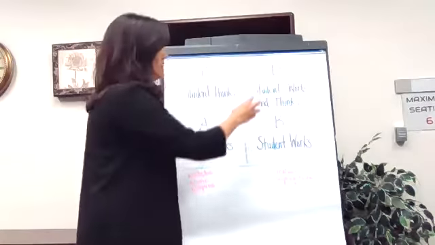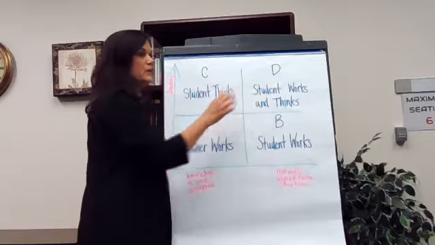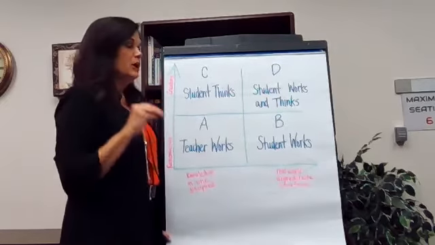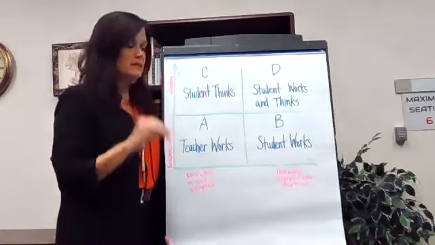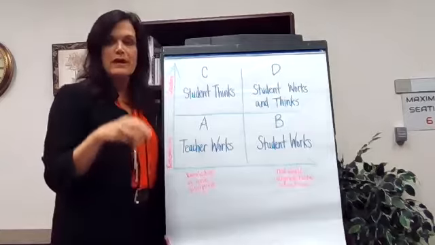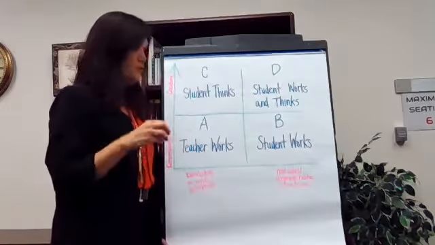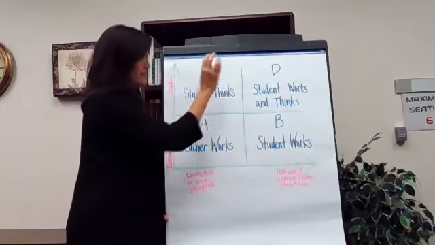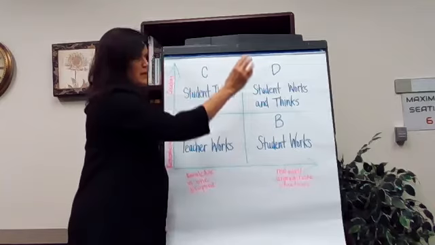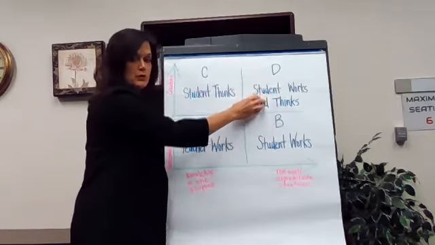D is where we want to be. We want our students to know that 100% of their schoolwork applies to their future. And that's what is so critical. So here we have a high level of thinking, and it applies to their future career.